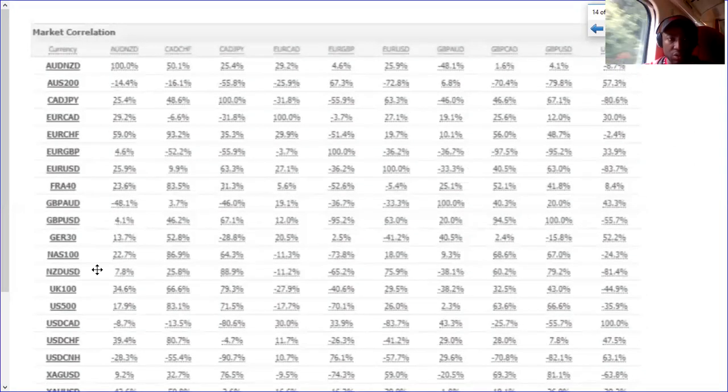So New Zealand USD, 88% and 75% in terms of positive correlation. So if you're looking to take the New Zealand USD trade, and you've got a setup for CAD JPY, and you've got a setup for Euro USD, then the likely chance is that those three trades are going to be the same. So what you want to do is not take all three.